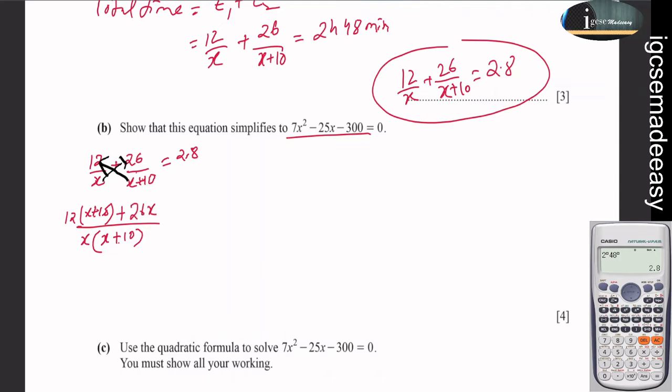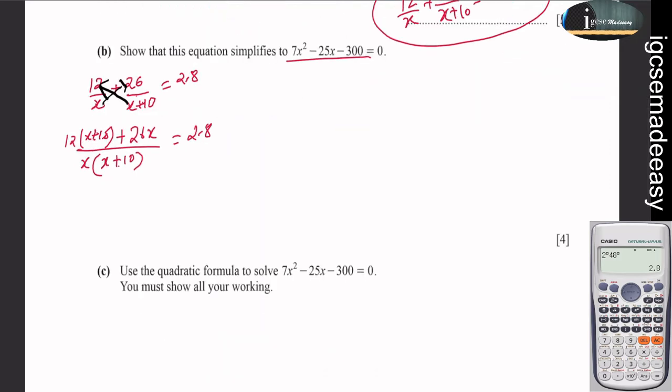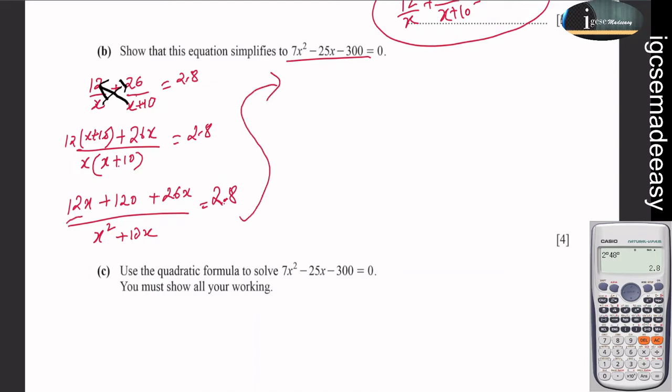26x equals 2.8. Let's solve a little bit further. Expanding the bracket, this becomes 12x plus 120, since this was 10, plus 26x, divided by x square plus 10x, equals 2.8. Further simplifying, 12x plus 26x is 38x.